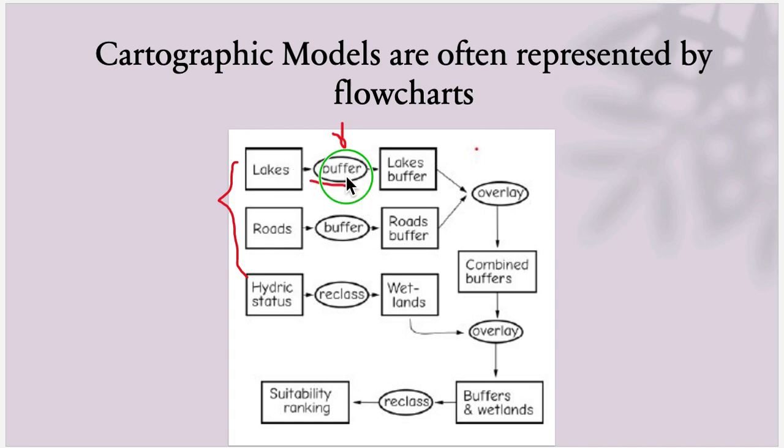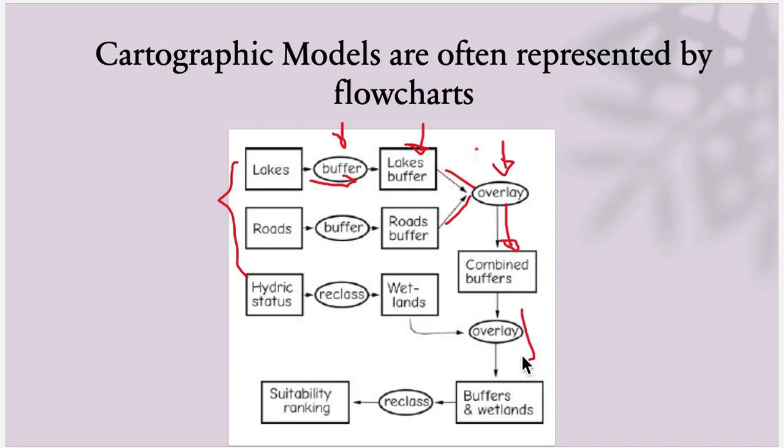So they buffered the lakes and it created a new layer called lakes buffer. Then they were doing another operation. They want to combine the lakes buffer with the roads buffer, and when they use either intersect or union, our output layer is called the combined buffers.